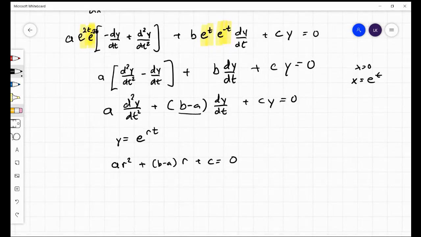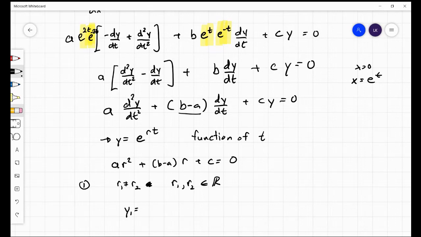So here we have a solution for y, where y is a function of t, the independent variable, but we want to change that into a function of x. In the first case, the roots are distinct and real numbers. So your fundamental solution set for y as a function of t would be like this.